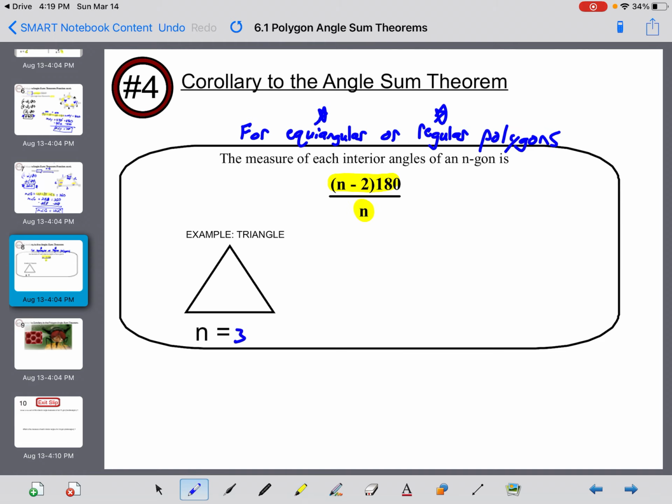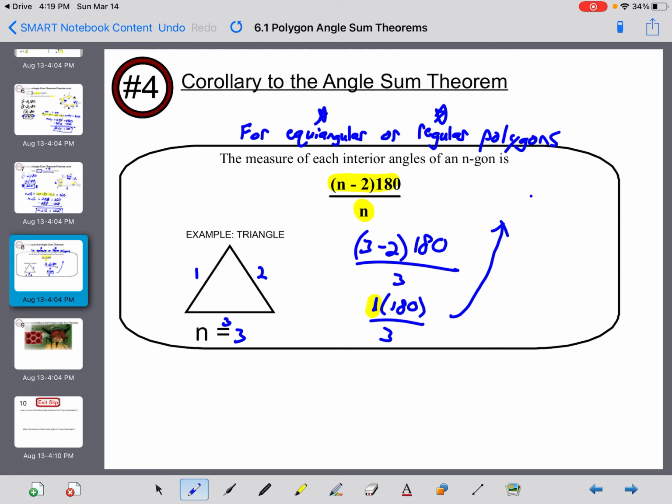So for example, we have a triangle with 3 sides. So n is 3. 3 minus 2 times 180 over 3. 3 minus 2 is 1. It's 1 times 180 divided by 3. 1 times 180 is 180, and 180 divided by 3 is 60.